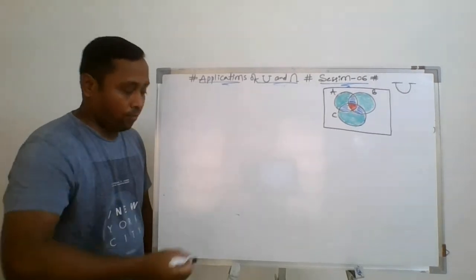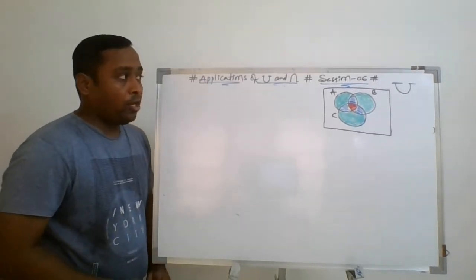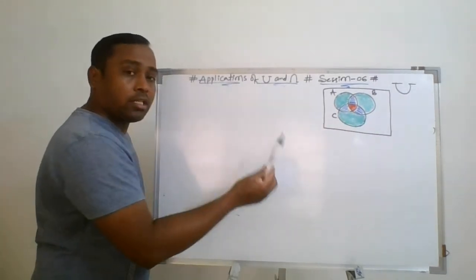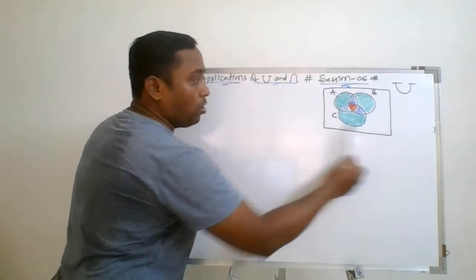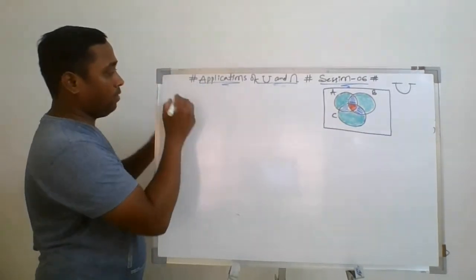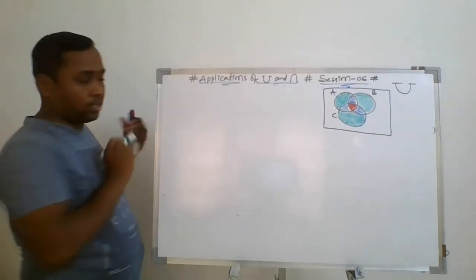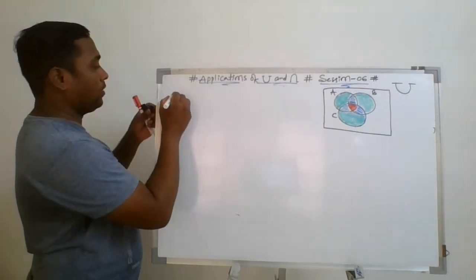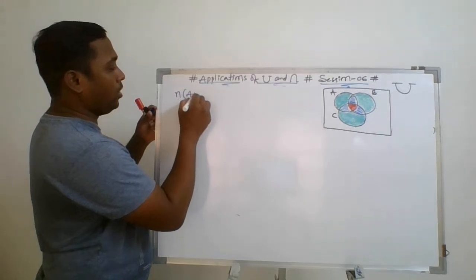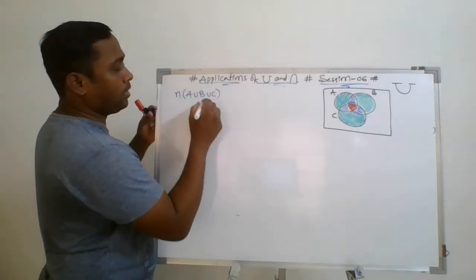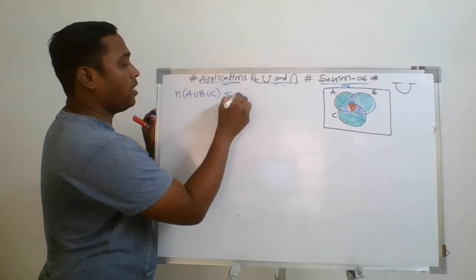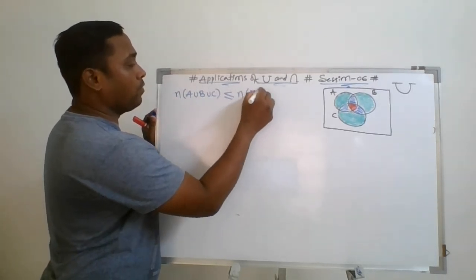First of all, A union B union C, the total shaded portion, is always a part of the universal set. Hence, the first and most important statement I can write here is: number of A union B union C, the total portion, is always less than or equal to the universal set.